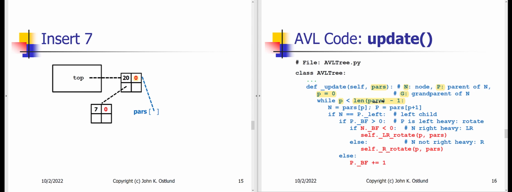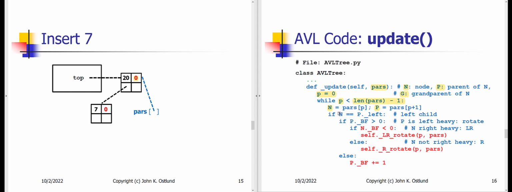So len of pars is the length of all the ancestors. That minus 1 is the maximum subscript that we can use that still has a parent remaining. So N is pars sub P. P is pars sub P plus 1.